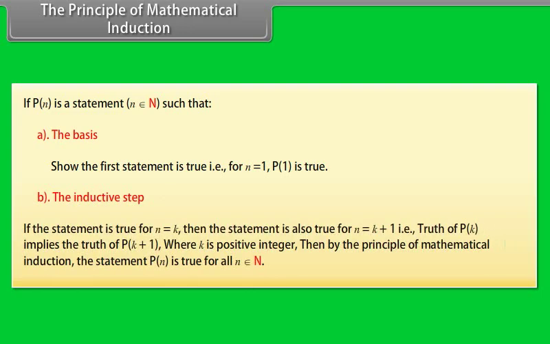If the statement is true for n is equal to k, then the statement is also true for n is equal to k plus 1, that is, truth of Pk implies the truth of Pk plus 1, where k is a positive integer. Then by the principle of mathematical induction, the statement Pn is true for all n belongs to capital N.